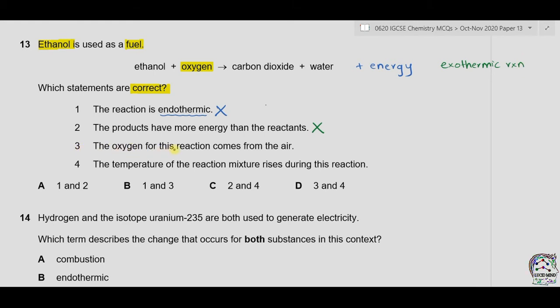Three, the oxygen for this reaction comes from the air, as combustion takes place in the presence of air, so this is a correct statement. 4, the temperature of the reaction mixture rises during this reaction. As the reaction is exothermic, heat is released, so the temperature of the reaction mixture will also rise. As the correct options are 3 and 4, the answer is D.